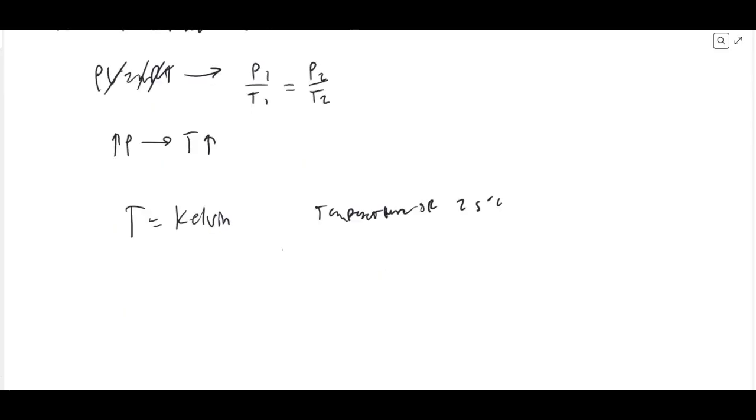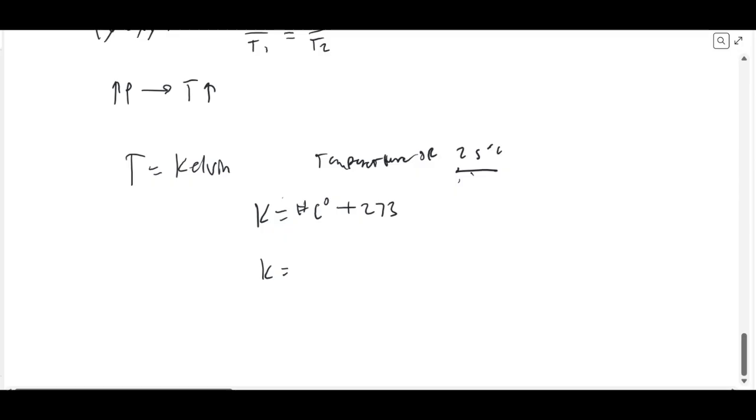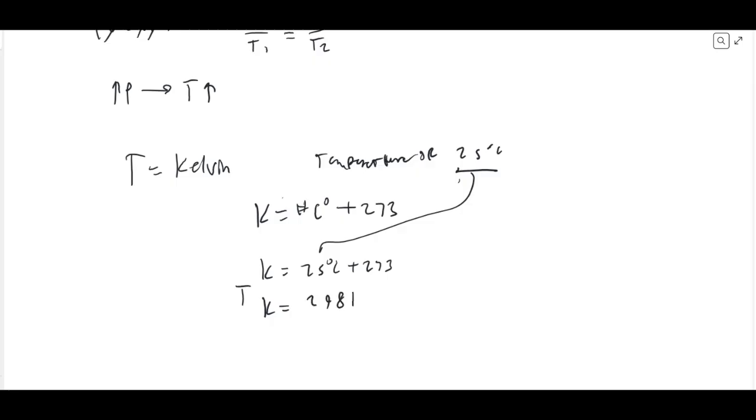So basically, Kelvin is equal to whatever number of Celsius plus 273. For this situation here, we'll say 25 degrees Celsius plus 273 K, as in our temperature in Kelvin, is equal to 298 Kelvin. And that's basically what you'll use in your equation for PV=nRT.